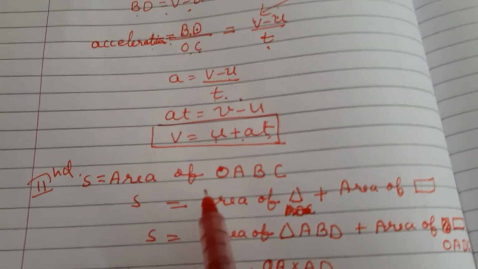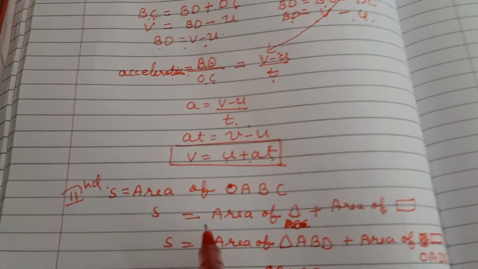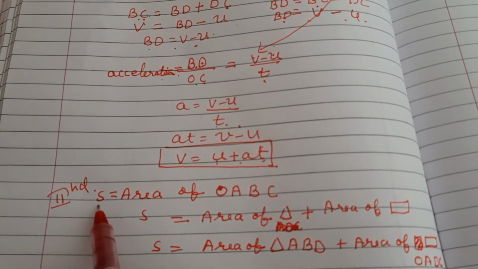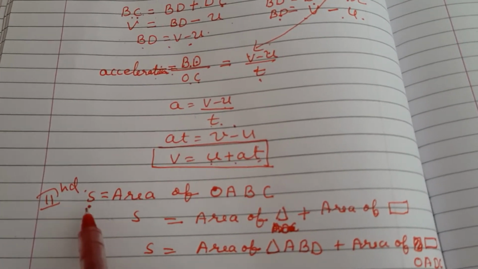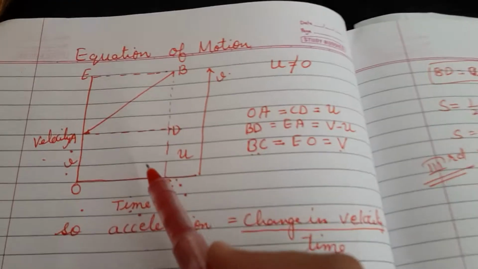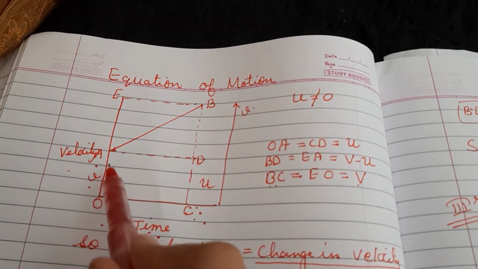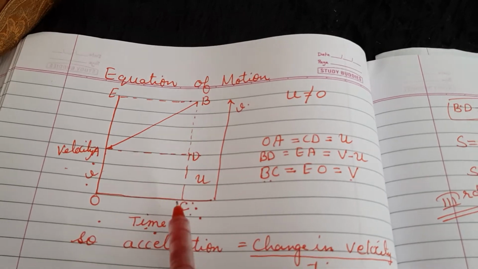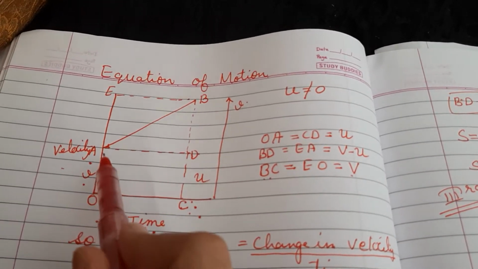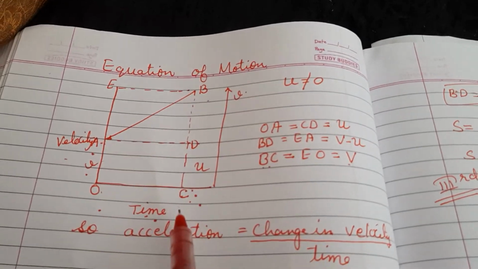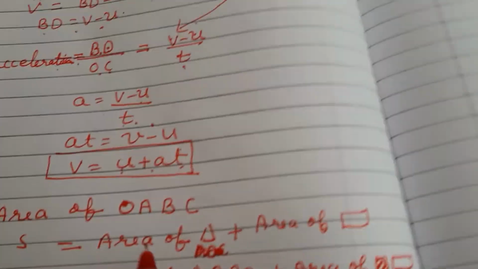Now for the second equation, we have to find the distance s. Distance s is equal to the area below this line. This is a trapezium, so we find the area of the trapezium OABC.